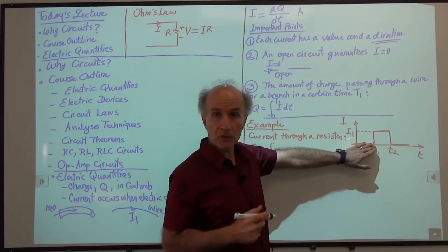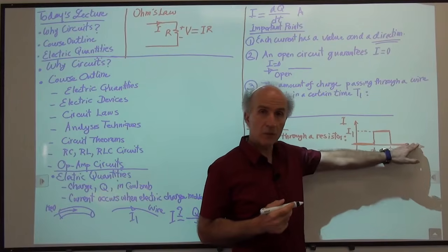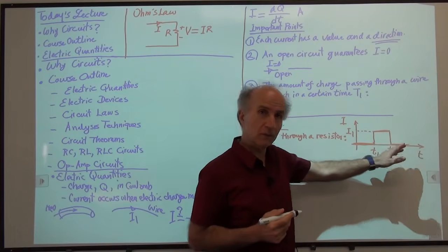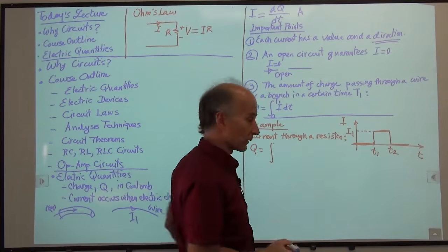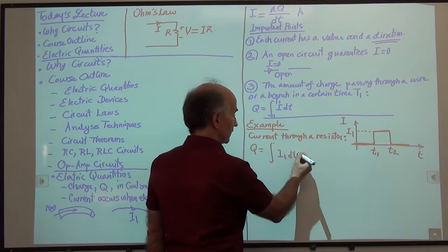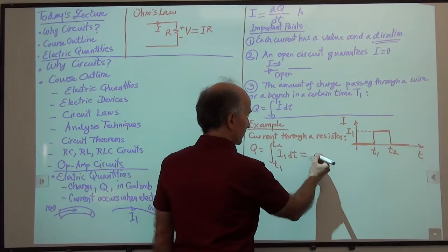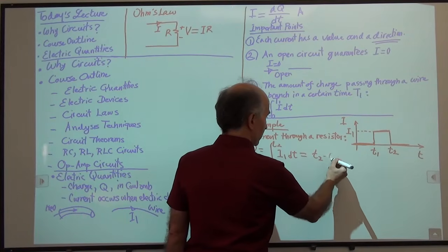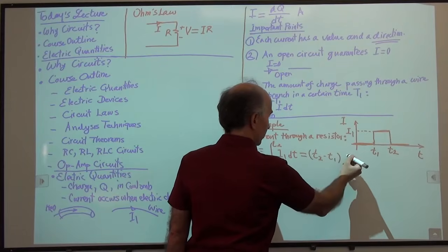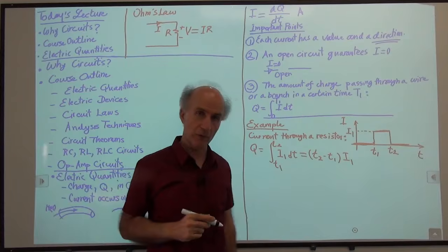It is 0 here, so we don't have any integration there, and 0 here, so we just integrate from t1 to t2, and it's just a constant value. So we say I1 dt from t1 to t2, and that's just (t2 minus t1) times I1. All right, so that's a simple situation.